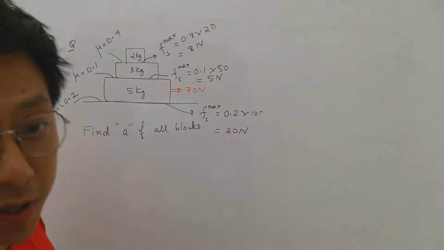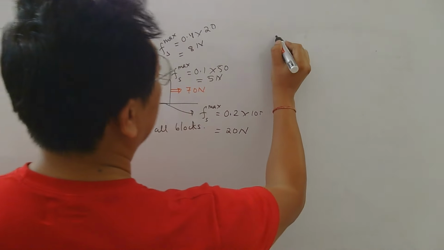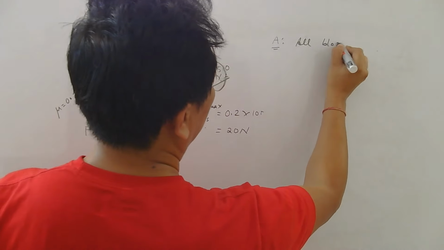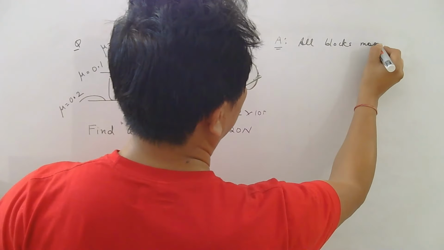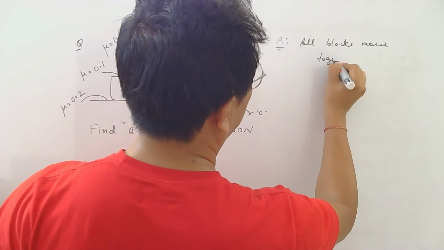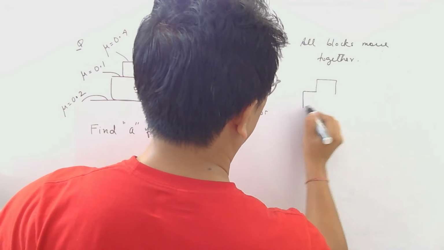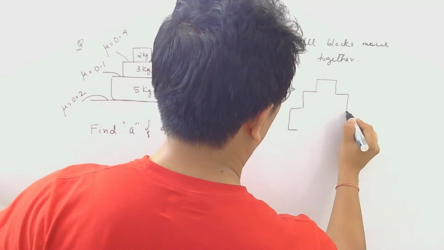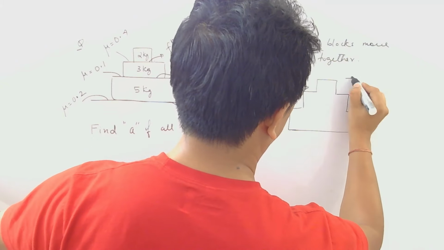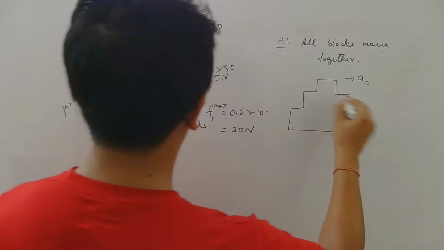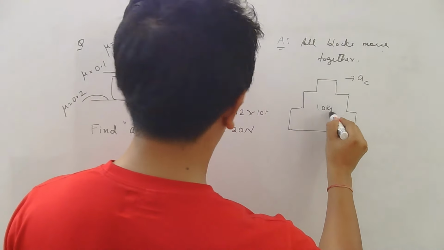Okay. Now let us do the second assumption, where I assume all the blocks move together. That means I am assuming there will be a common acceleration for all of them. Mass of this system is 10 kg.